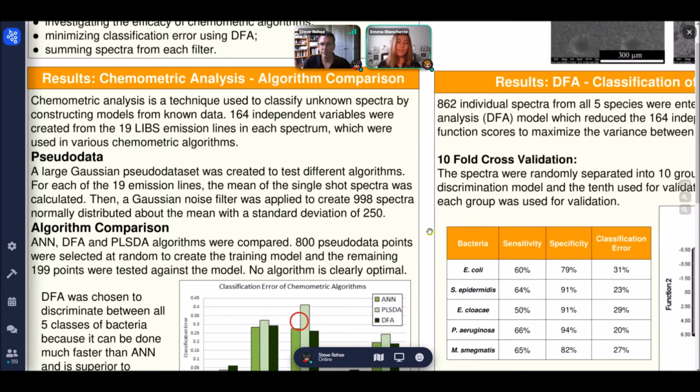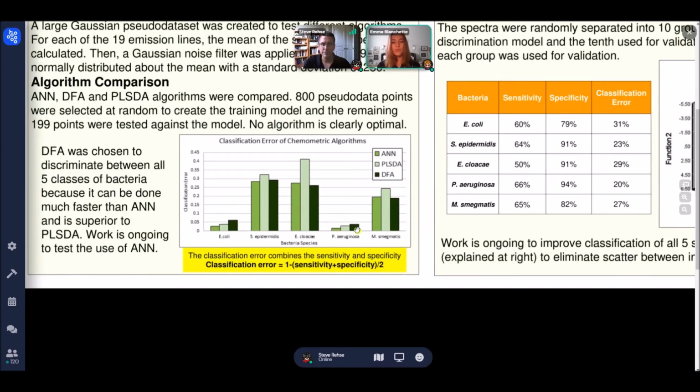A graph detailing the classification error results is shown at the bottom of this box. During our analysis, we noticed that Staphylococcus and Enterobacter were often confused for each other. So we chose the classification error that was the smallest between these two.